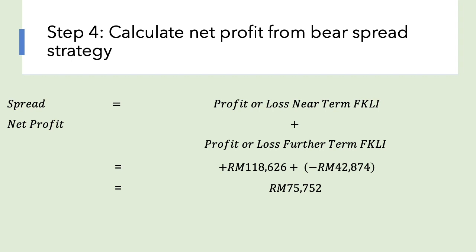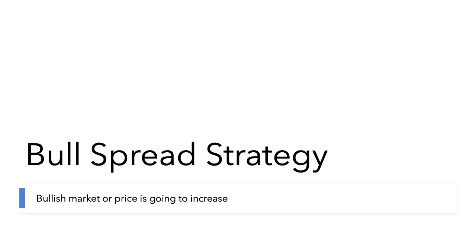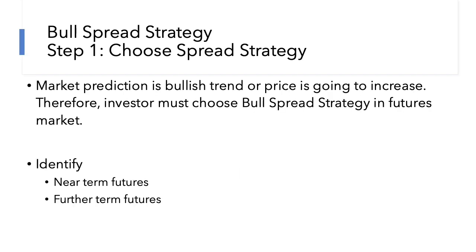Okay, so if you answer spread question for FCPO contract, step number 3, you need to change to FCPO contract formula. So step number 4, you need to calculate net profit from the bear spread strategy. So profit or loss from near-term FKLI plus profit or loss for further-term FKLI. So you sum up, you get 75,752 ringgit.